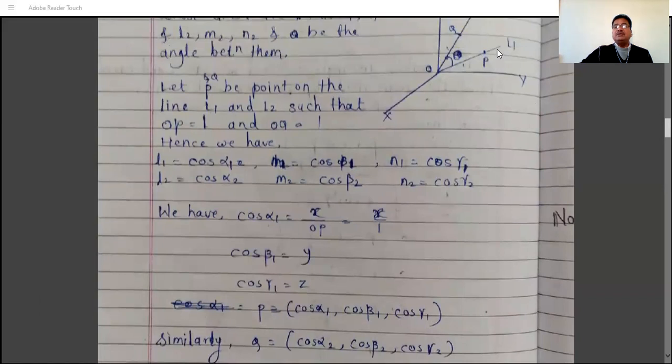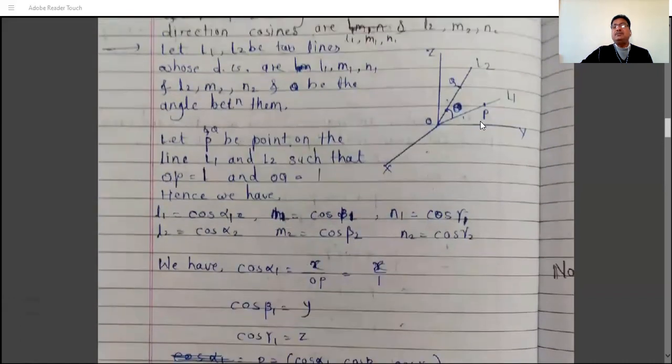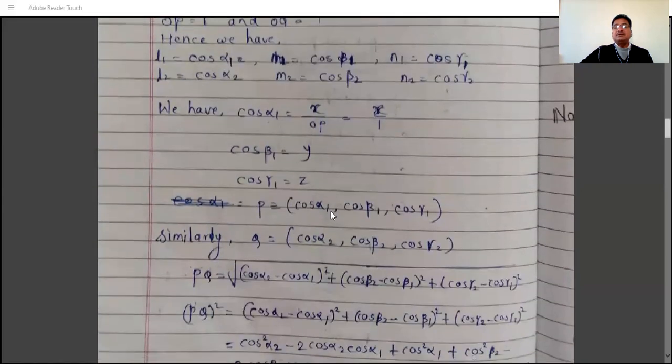Therefore the coordinates of the point P, which are x, y, z, are cos alpha 1, cos beta 1, cos gamma 1, because the distance OP is 1.